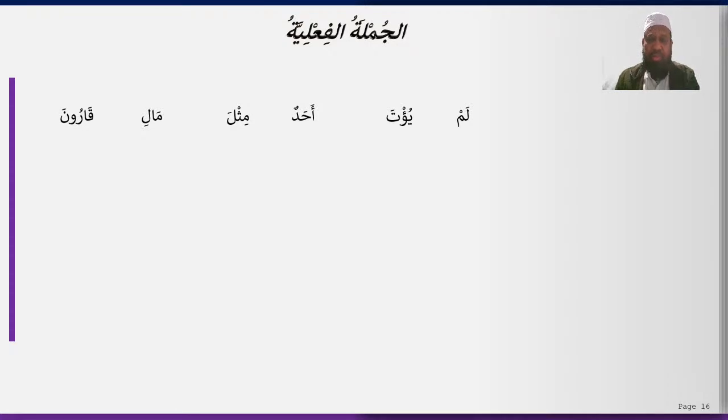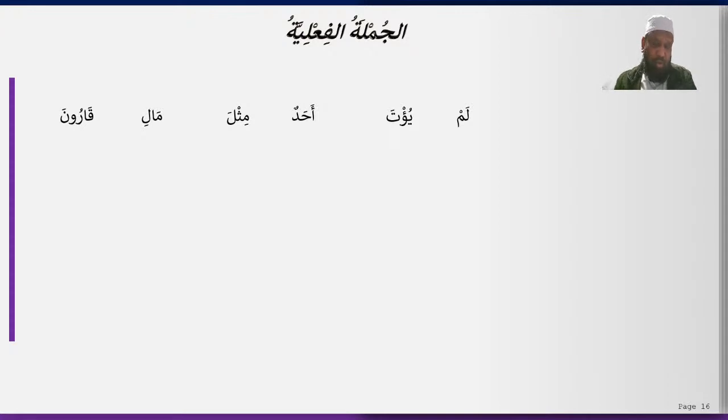As we know, لم is حرف نفي وجزم وقلب. لم comes on فعل مضارع. It does three things. Number one, it makes فعل مضارع مجزوم, or جزم case. Number two, it is نفي. It negates the action, the fa'il. It is also قلب.